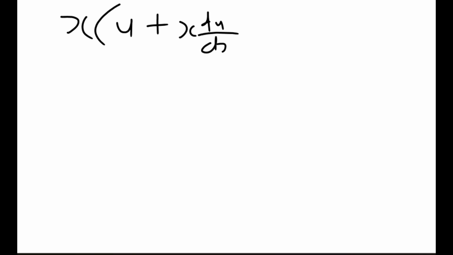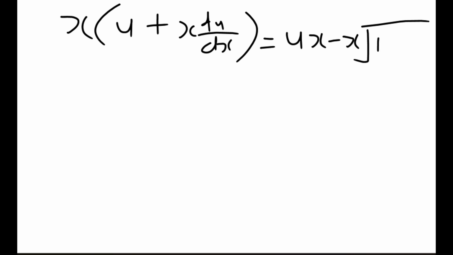So let's go ahead. The next thing is x into brackets u plus x du/dx, bracket close, is equal to the simplified expression. So let's write it there: ux minus x square root of 1 minus u squared.